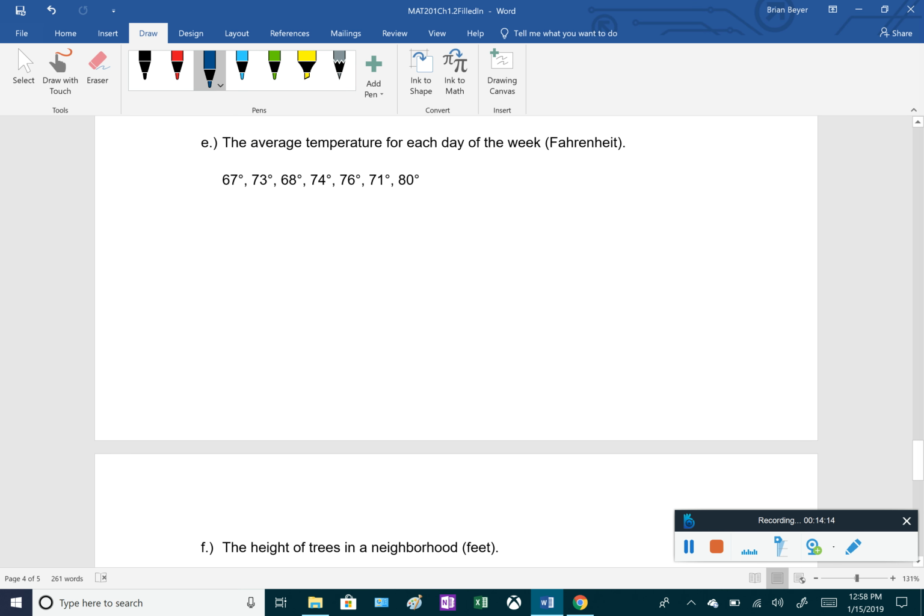Okay, for E, the average temperature for each day of the week in Fahrenheit. So average temperature is quantitative, so it could be ordinal, interval, or ratio. Obviously, we can have meaningful differences calculated because we can calculate the difference between 2 temperatures to see how much more one is than the other.